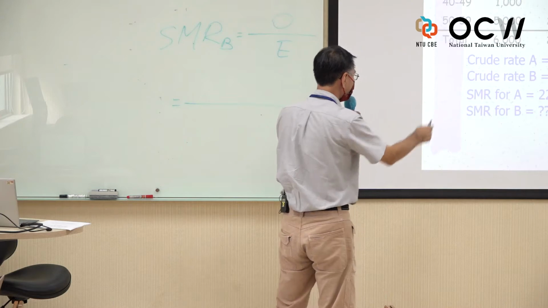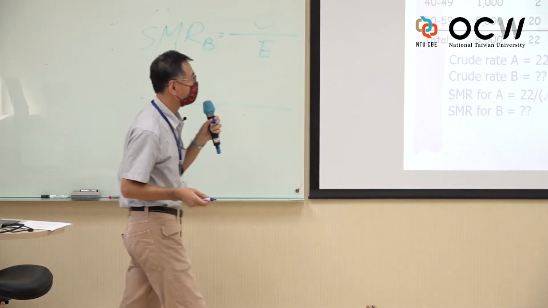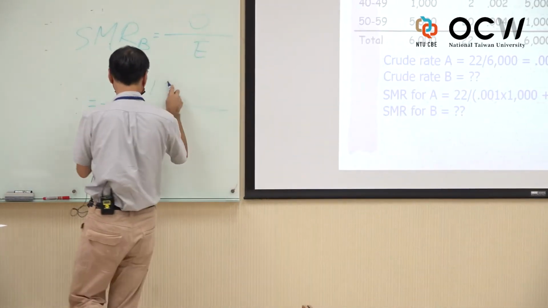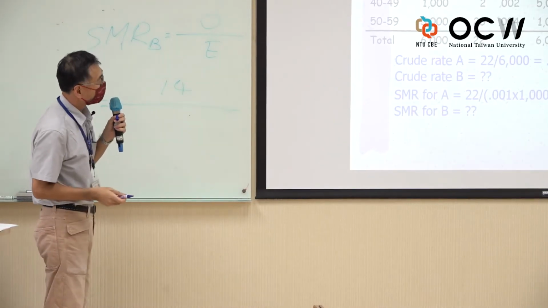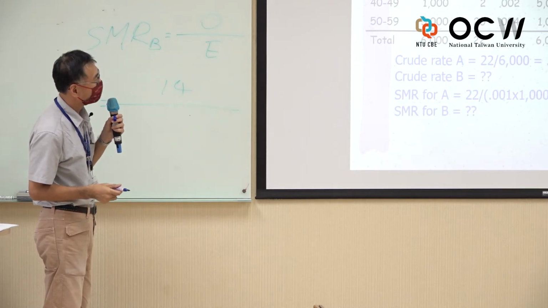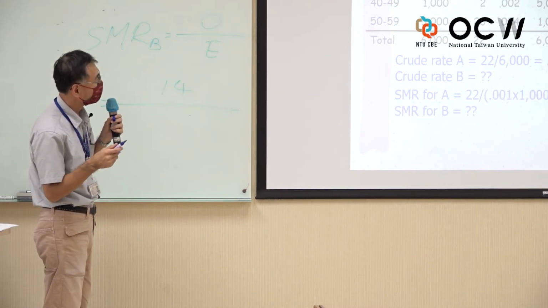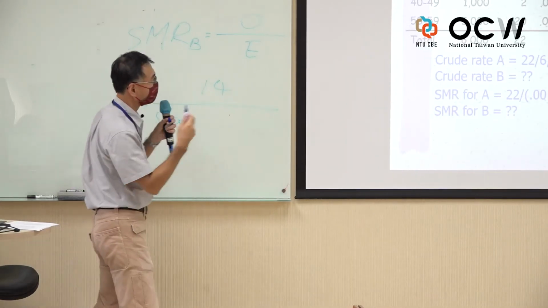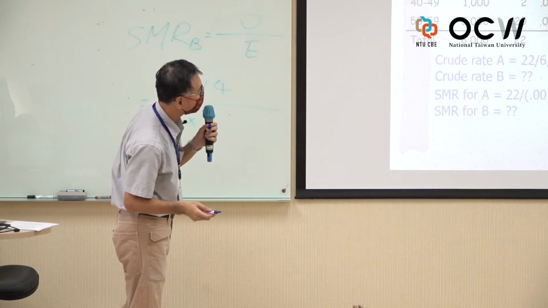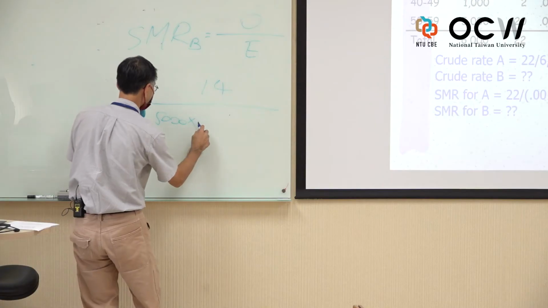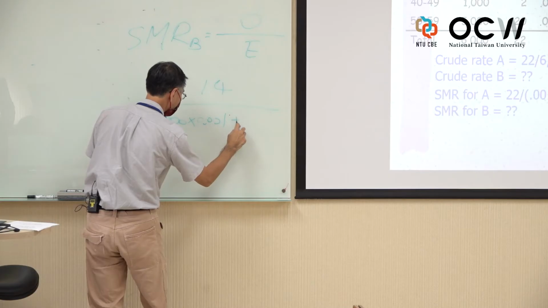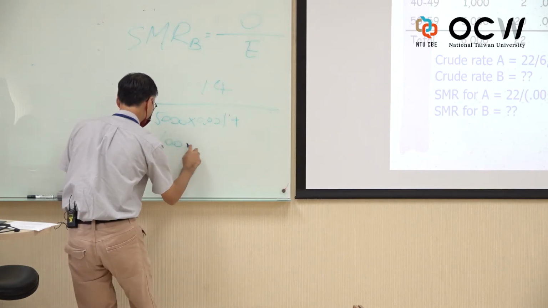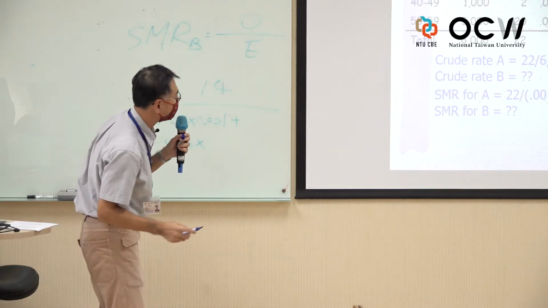So SMR for B, what is the observed number of deaths here? It's 14, right? Okay, and what is the structure of occupation B in the first age stratum? 5,000 times the rate from the standard population, 0.01, plus 1,000 times 0.003.